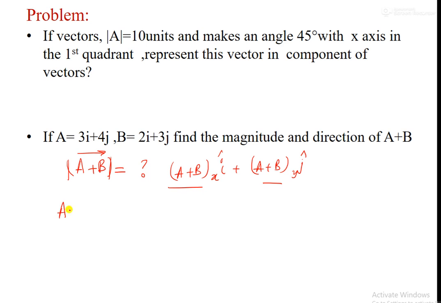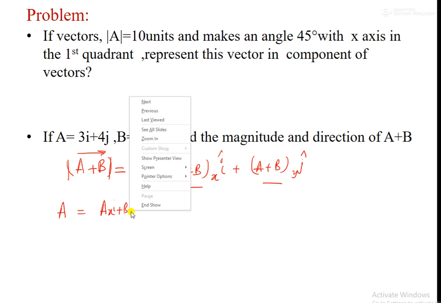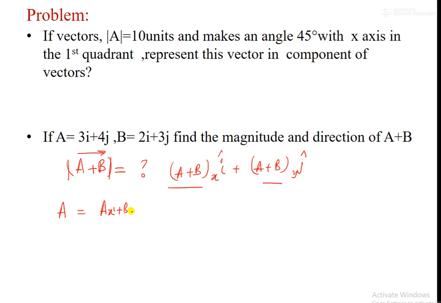A is given as Ax i plus Ay j, that is given as 3i plus 4j. Similarly, B is given as Bx i plus By j, that is given as 2i plus 3j, right?